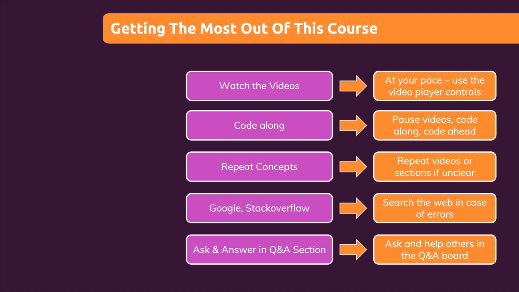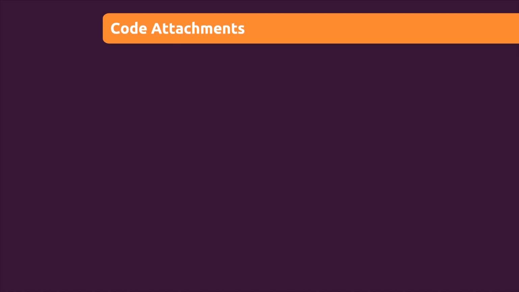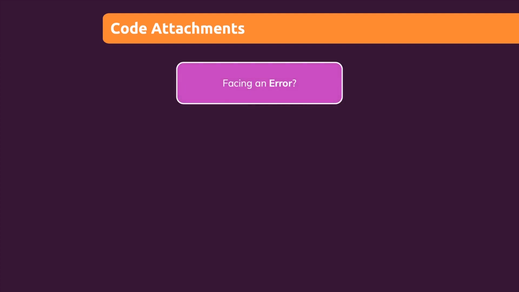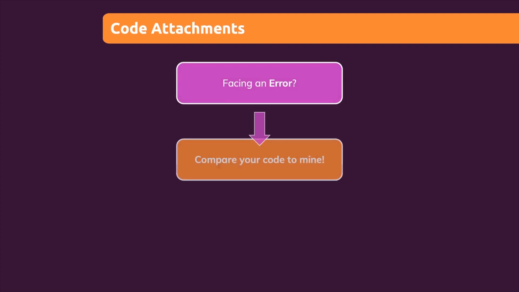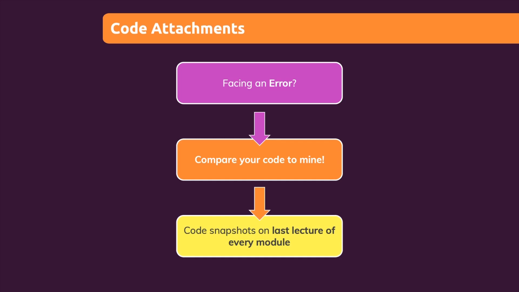In addition, if you're facing errors, if you get an error in your code, which I don't get in the videos, compare your code to mine. You'll find code snapshots attached by me on the last lecture of every course module, of every course section. On the last lecture of every section, you'll find code snapshots for the different lectures in that section.